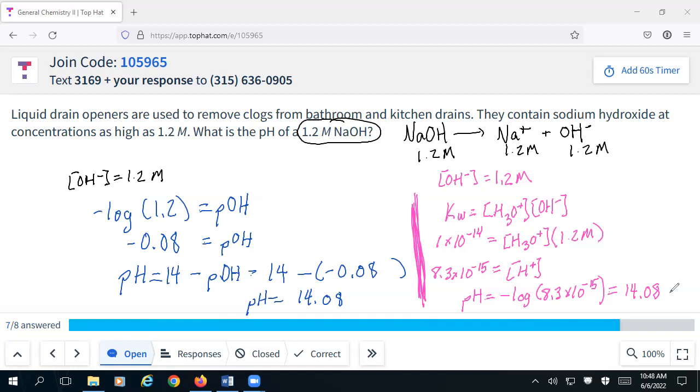But that is one thing that I know I struggle with sometimes, hitting the exponent button at the right time and getting the right scientific notation in. So I tend to favor pH and pOH methods more just because of that. Any questions with this example?